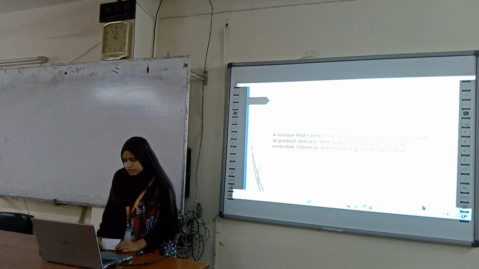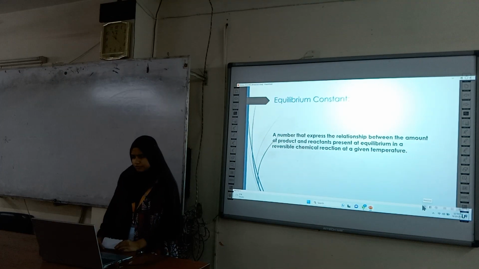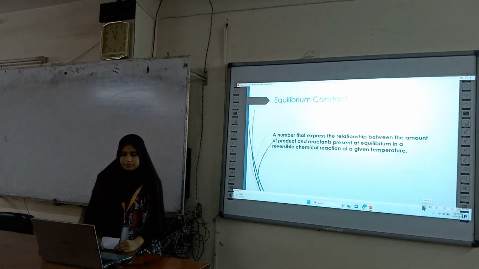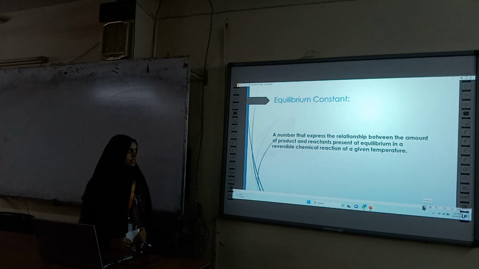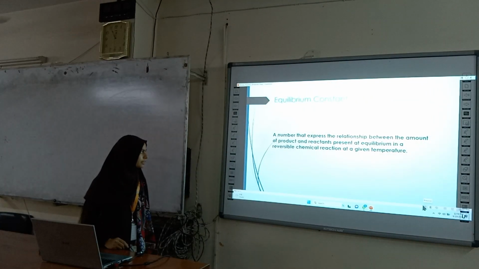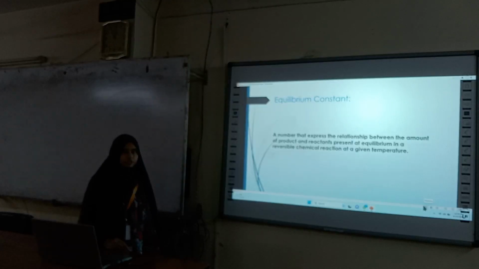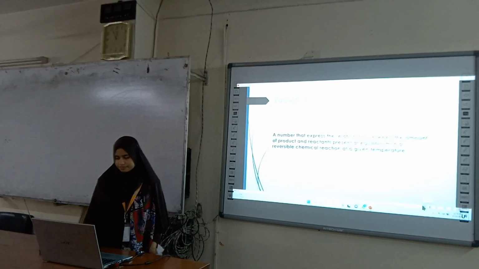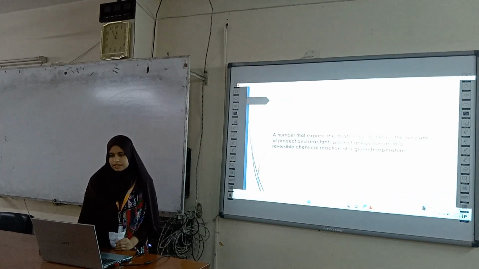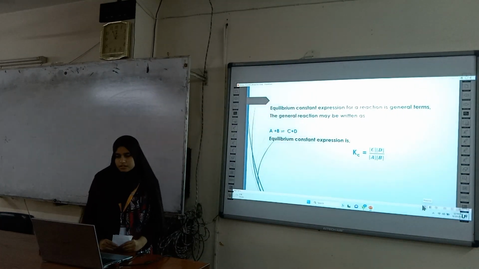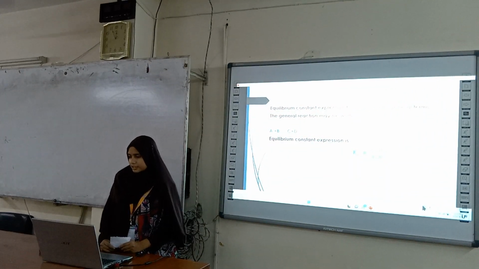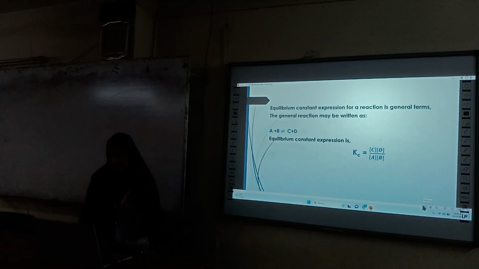Now we know the term equilibrium constant: a number that expresses the relationship between the amount of product and reactants present at equilibrium in a reversible chemical reaction at a given temperature. The equilibrium constant is a number. The chemical equilibrium constant expression for a reaction is a general term.